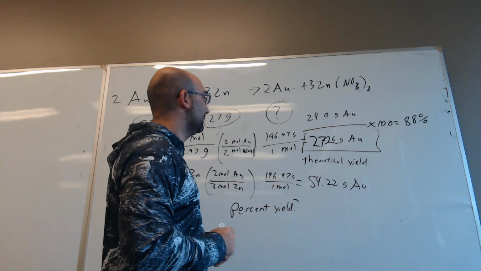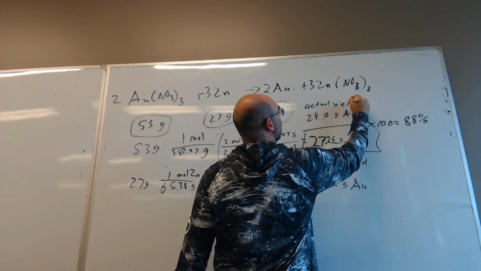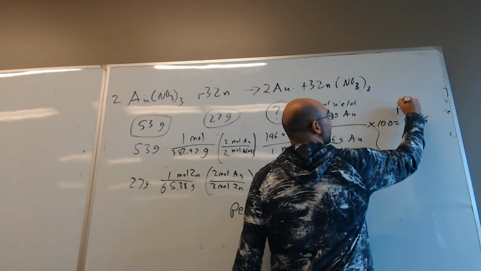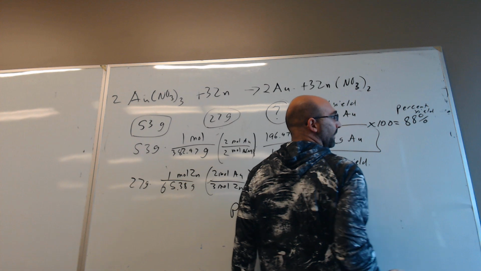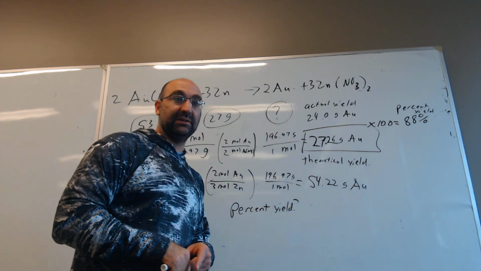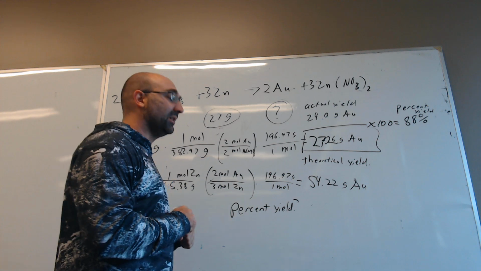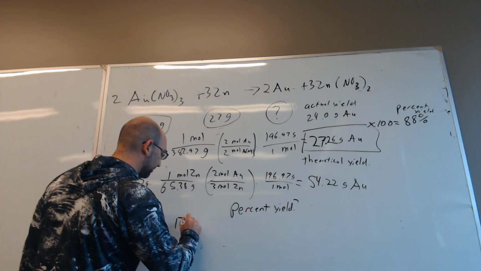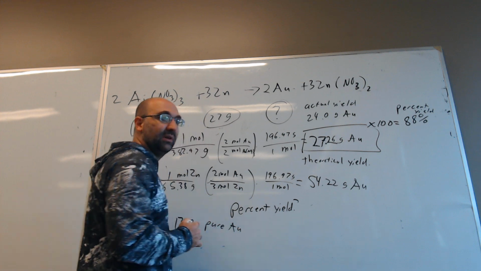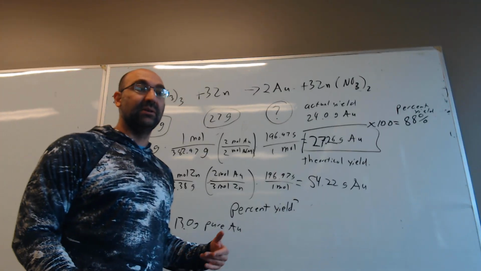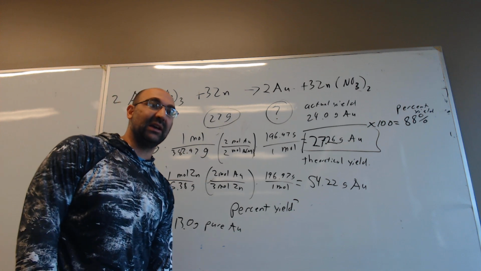Now, last one. This is going to be my actual yield, and this is the percent yield. Now what I'm going to tell you is that of the 24 grams of gold that were made, 13.0 grams were pure Au, and the rest of it was contaminants. I don't know, zinc oxide formed somehow on the side.